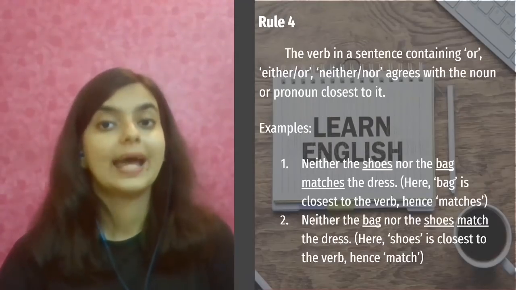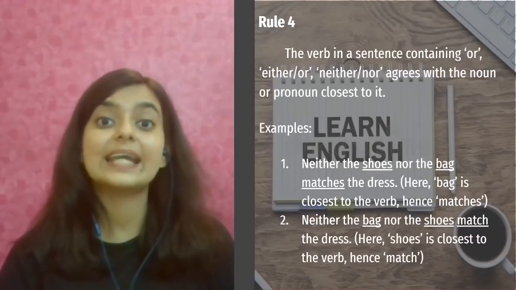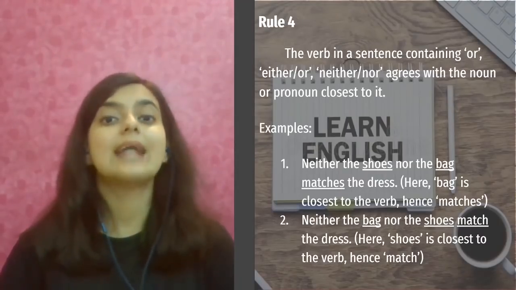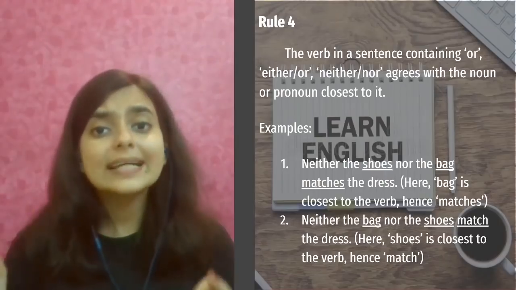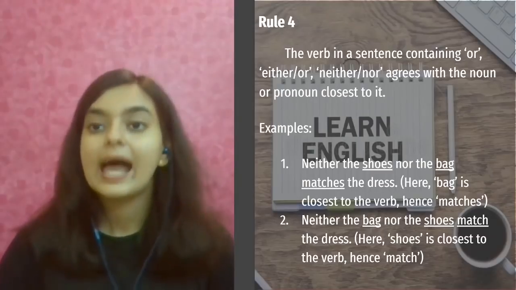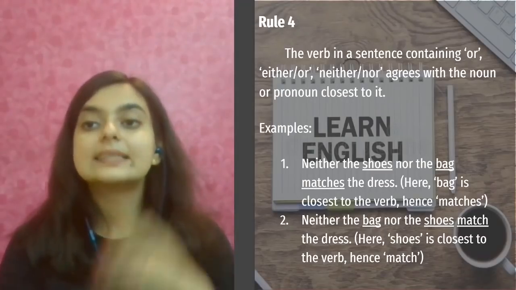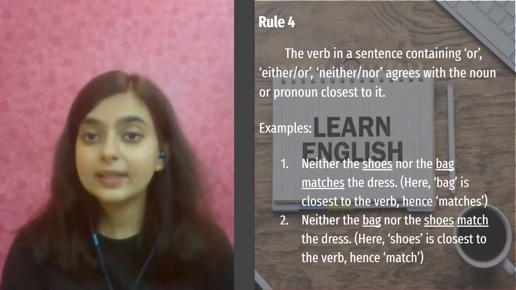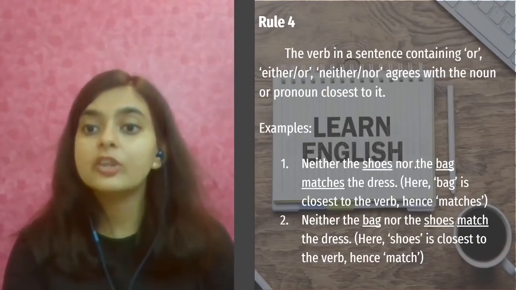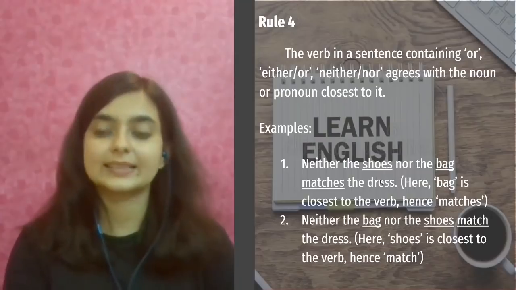Rule number 4. The verb in a sentence containing or, either or, neither nor agrees with the noun or pronoun closest to it. Very, very important. For example, neither the shoes nor the bag matches the dress.